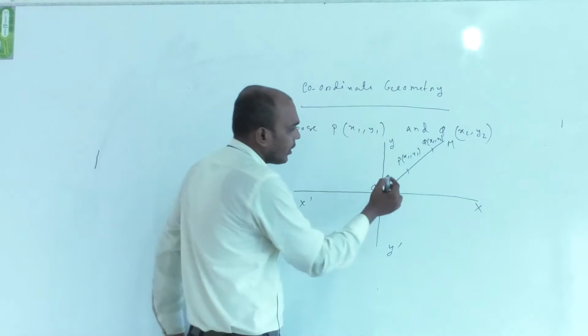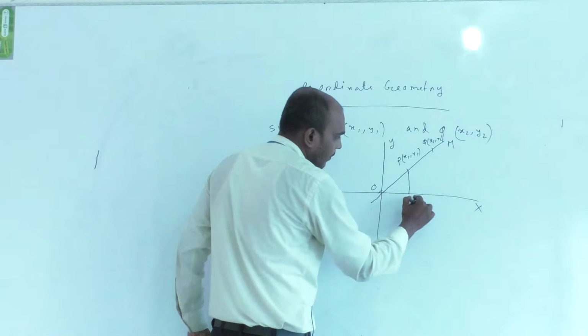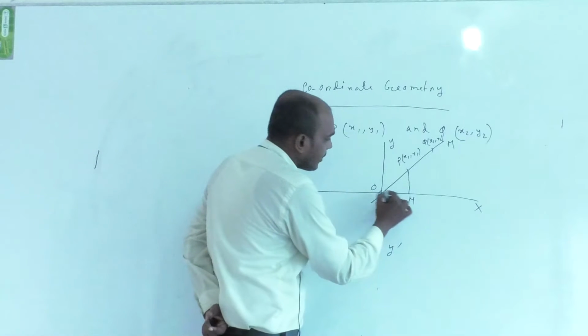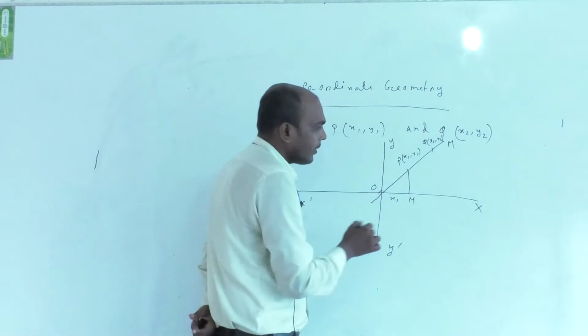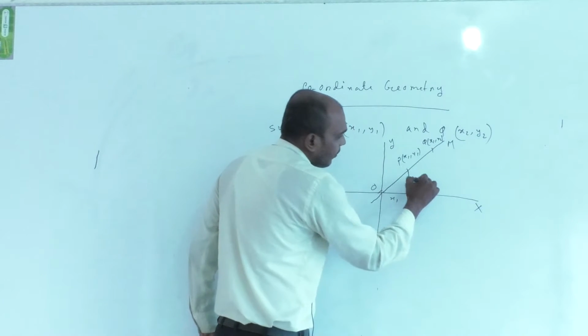First, we will draw a perpendicular line PM on OX. Here the distance of OM is x1 and the distance of PM is y1.